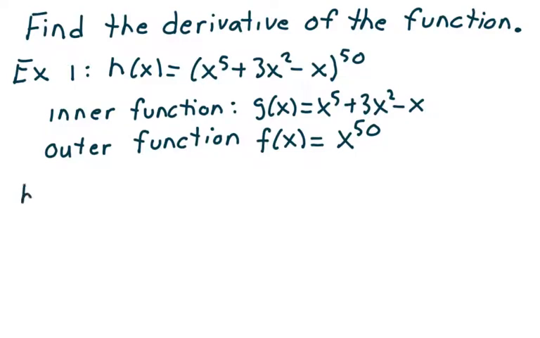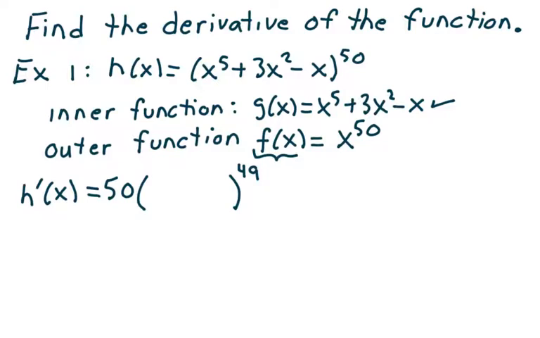So when I want to get h prime of x, I'm going to take the derivative of the outer function. So I'm going to apply the power rule. When I apply the power rule, I get 50 times something to the 49th power. But remember, we're evaluating f at this inner function g.